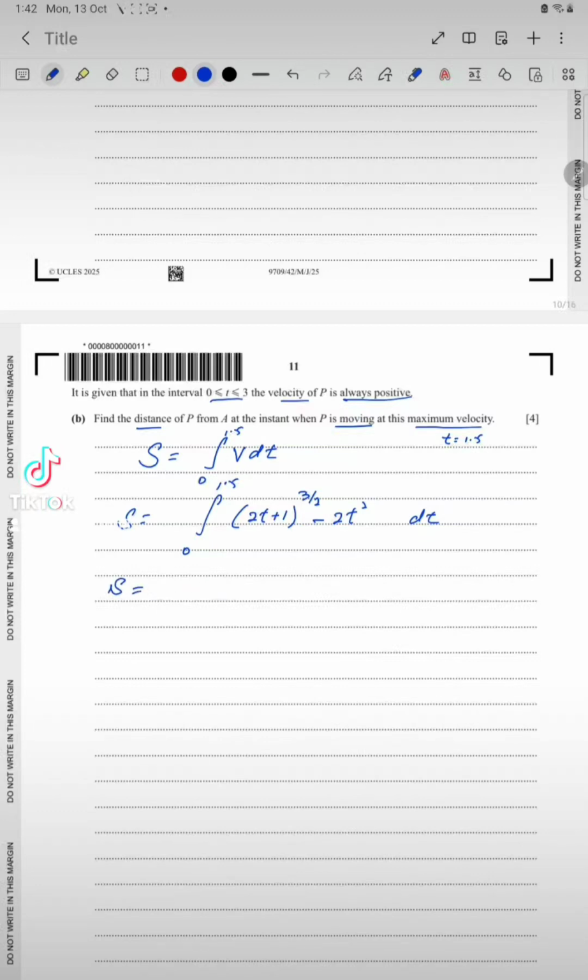So S will be 1 by 5, I wrote it by applying the integral, you can do it by yourself, 2 by 3 t power 3, limits 0 to 1.5. Upper limit minus lower limit will give me the answer 3.95 meter on the calculator. I hope it is very much clear to you guys.